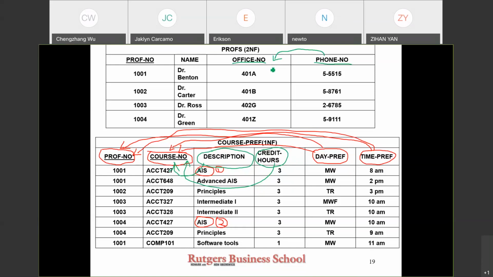Also, when the professor record is deleted, we also lose the office and phone number information that we want to retain. Well, the solution is to further decompose the second normal form relation such that all data that is independent of other data are stored separately.